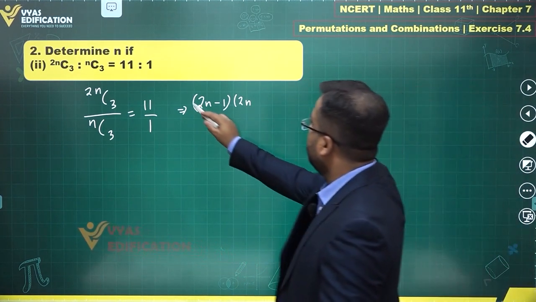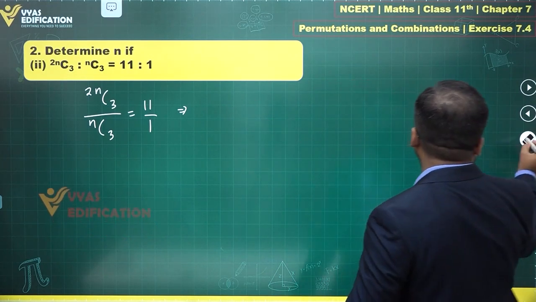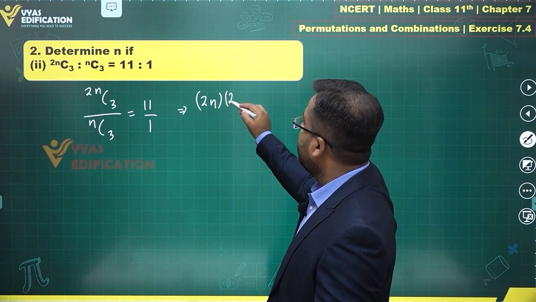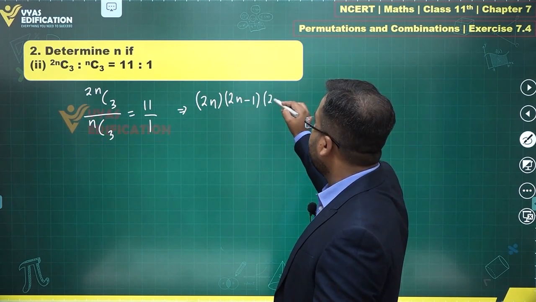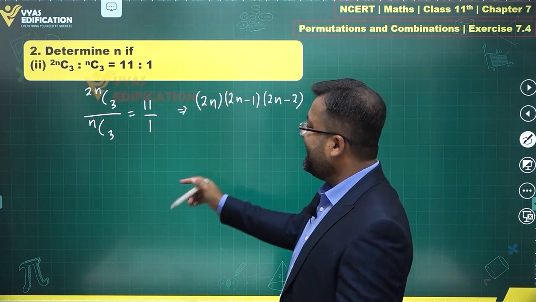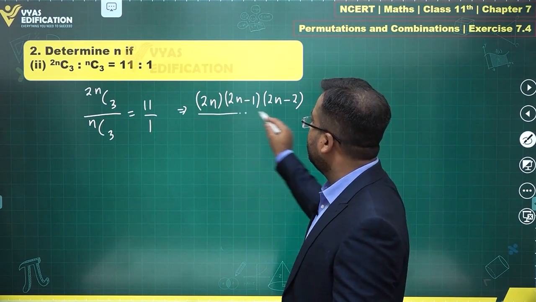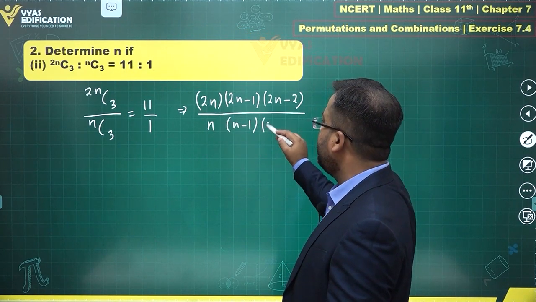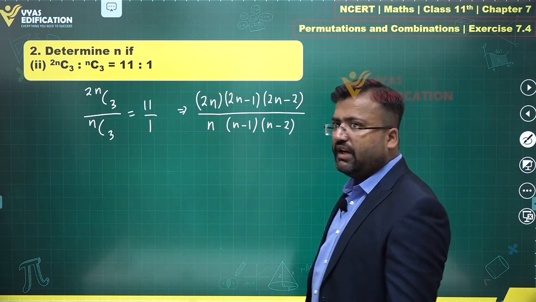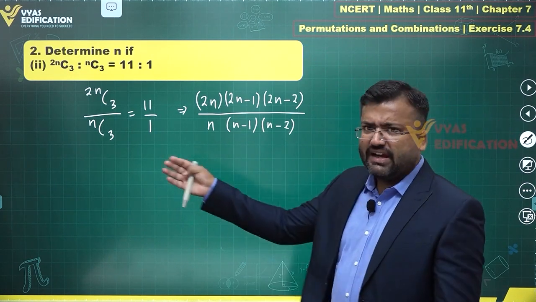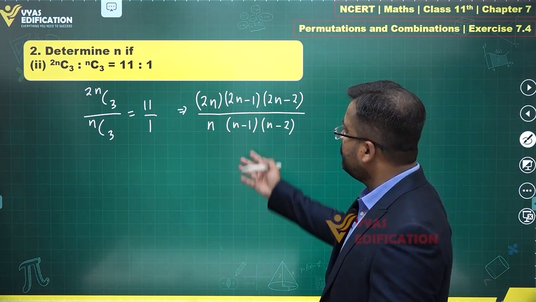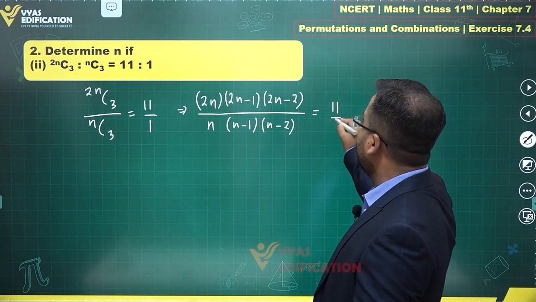Don't forget that 2n, things begin with 2n. So 2n, 2n minus 1, 2n minus 2, and you'll have 3, 2, 1 in the denominator. Similarly, for nC3, you'll have n, n minus 1, n minus 2. You can go a step back and see the solution of the first part, in which we calculated this LHS to be equal to this. This is equal to 11/1.